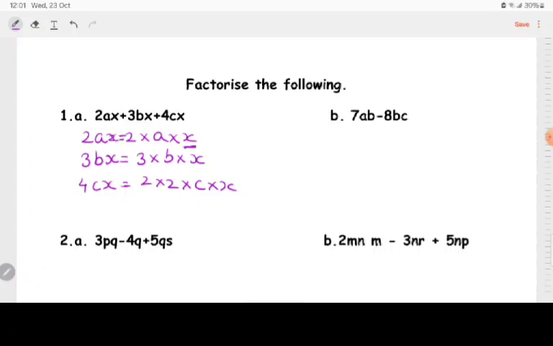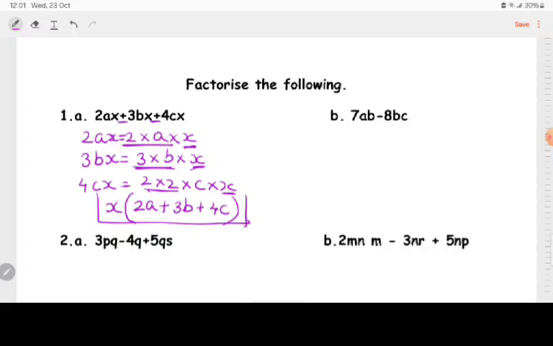So we have X here, and X here. So I'll bring the X out over here. Rest, I don't see anything common. So what I put in the bracket is 2A, pick up the addition sign from the question, 3B, and 2 into 2, 4C. That's your answer.